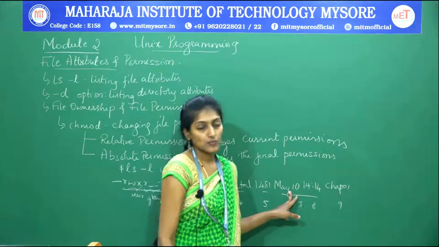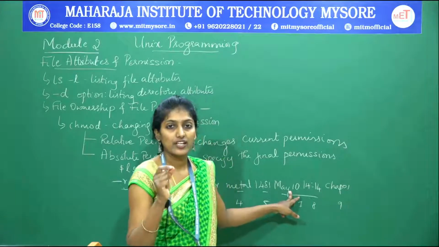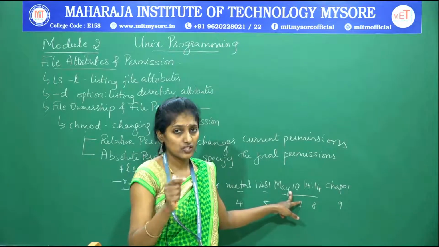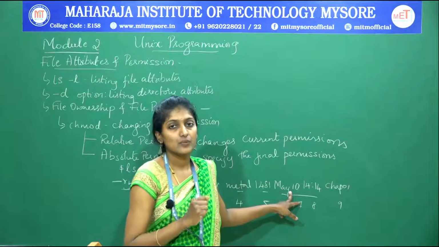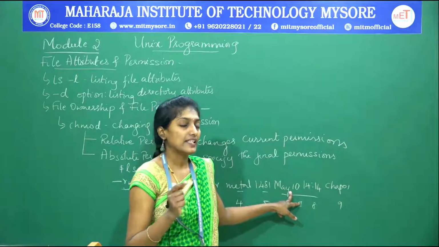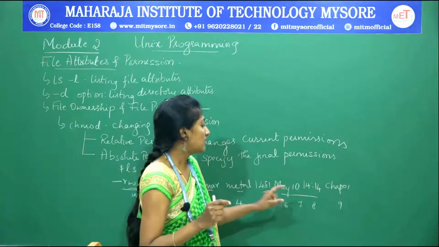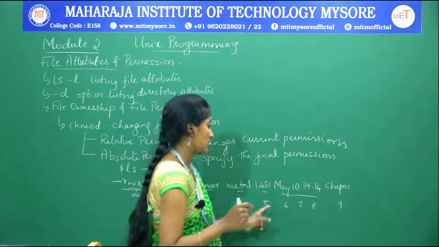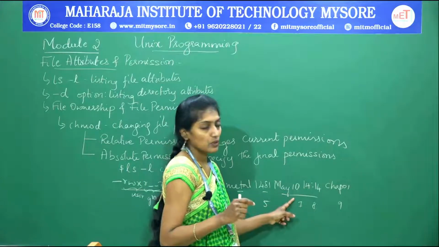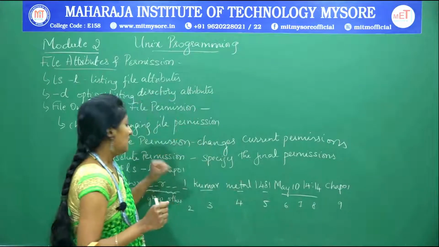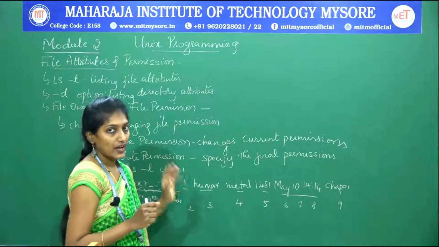If you have changed only the permission or the ownership of the file, the last modification time will not be affected. Instead, if you have modified the content within a file, then the modification time is going to change here. And the last column represents the file name of that particular listing you have displayed.